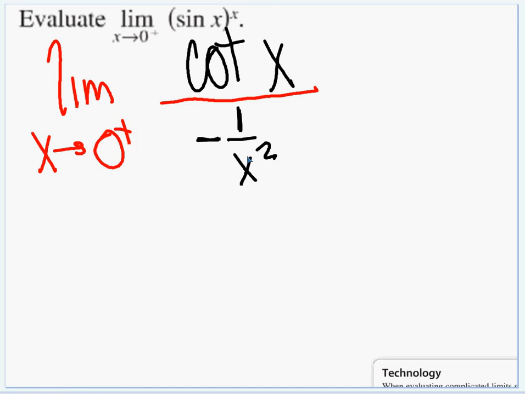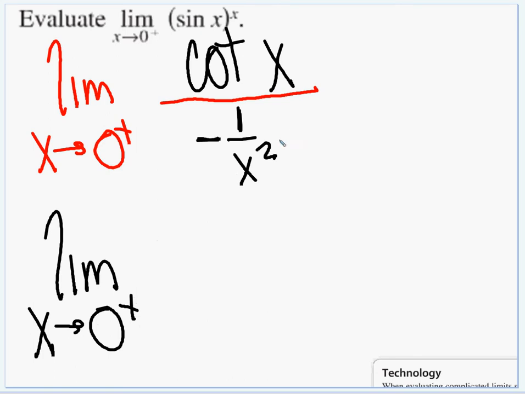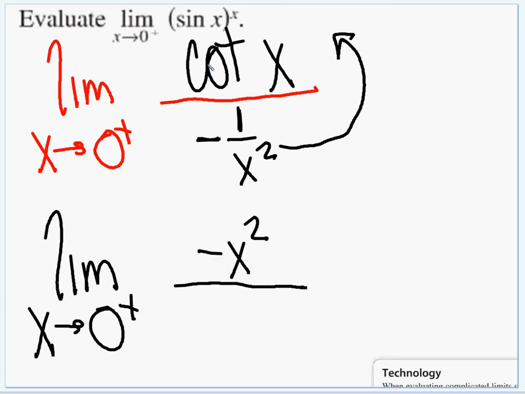We could either derive it again or try some algebraic manipulation. Instead of deriving, let's try to flip stuff around. We're still approaching 0 from the right. If I bring the denominator up and flip it over, up in the numerator it's going to be negative x squared. And up here, this is cotan over 1. If I take it down, it's going to be 1 over cotan, which is tan.